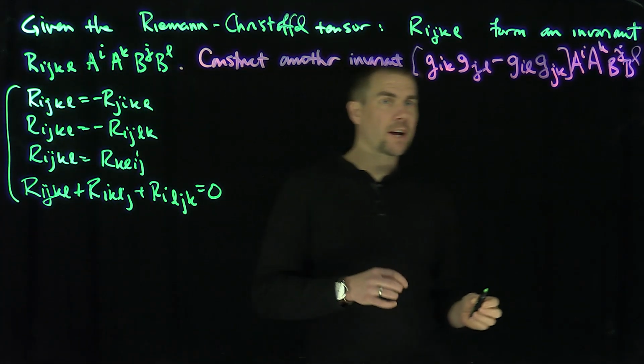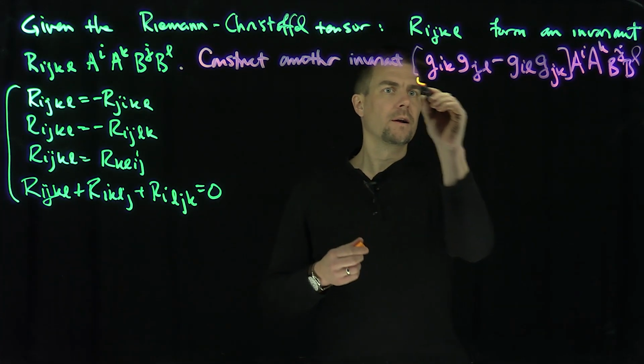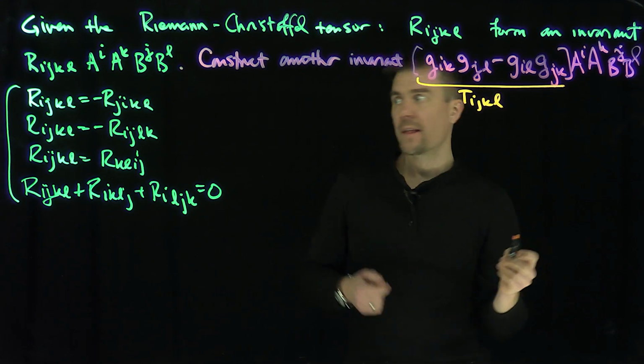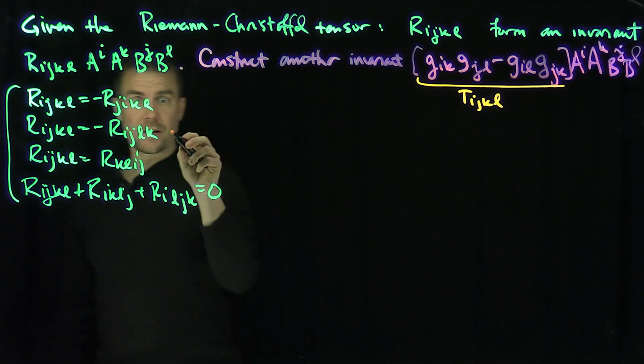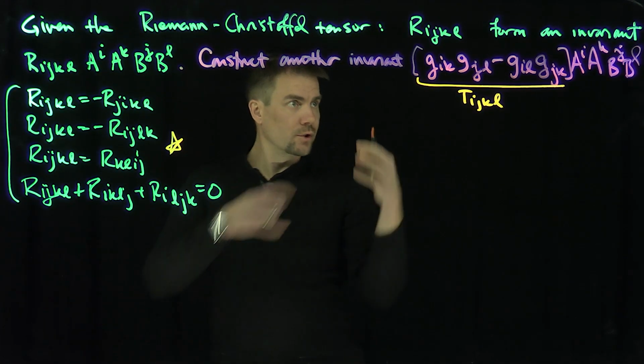And you can actually check that if we look at this expression and call it T_ijkl, then T satisfies these identities, the star relations, because it has the structure of a determinant.